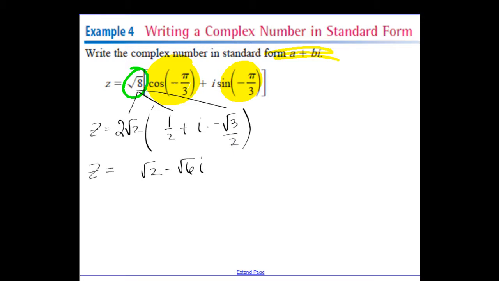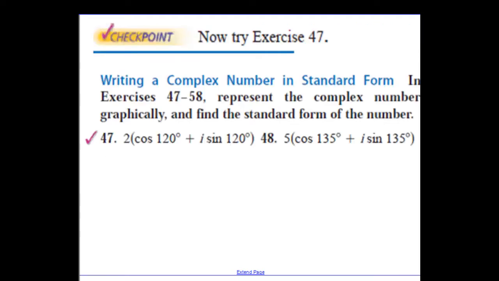So z equals root 2 minus root 6 i, and we've answered the question. All right, go ahead and try exercise 47 in your notes now. Evaluate cosine of 120, sine of 120, distribute that 2, check your answer in the back of the book, come back when you're done.